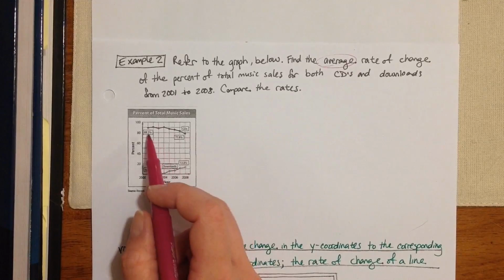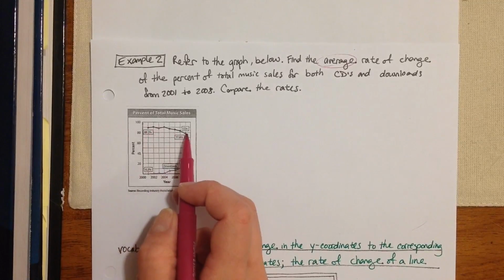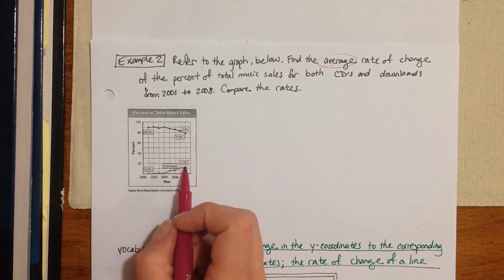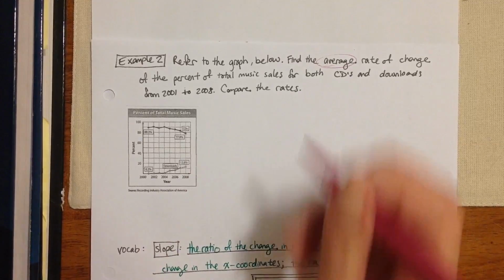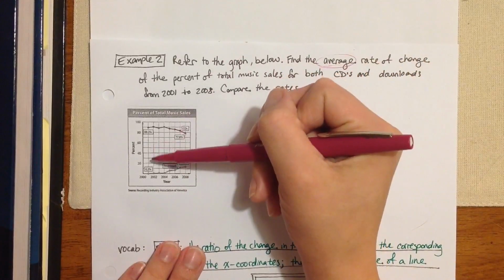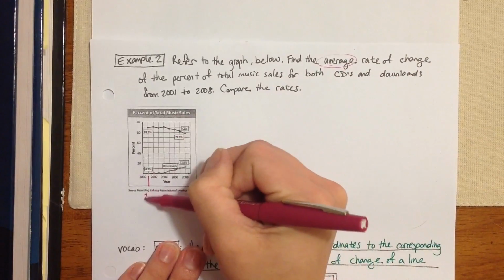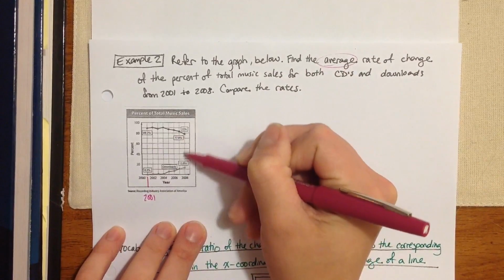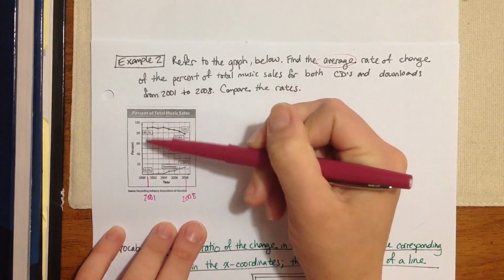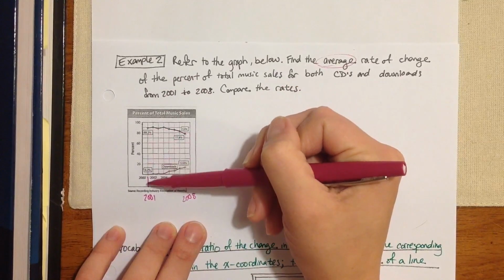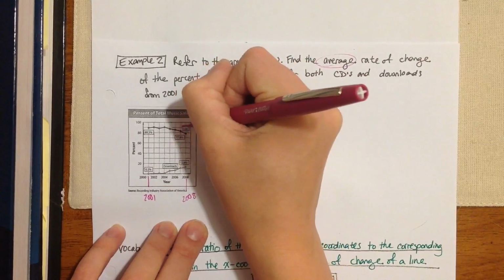Notice on this particular graph, they've only given us the end points of both graphs. So we're just going to use those. Use your resources. So here we go. I see, it looks like 2001, and then 2008. I'm going to work with the CDs first.